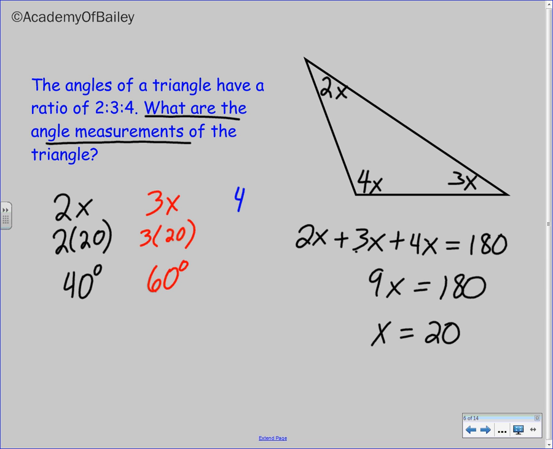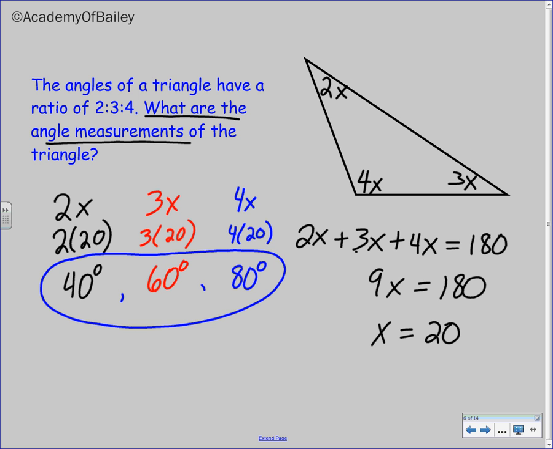And we also have a 4x, which is 4 times 20, which is 80 degrees. Do all 3 of these add up to equal 180 degrees? 40 plus 60 is 100, plus 80 is 180 degrees. So therefore you have your angle measurements.